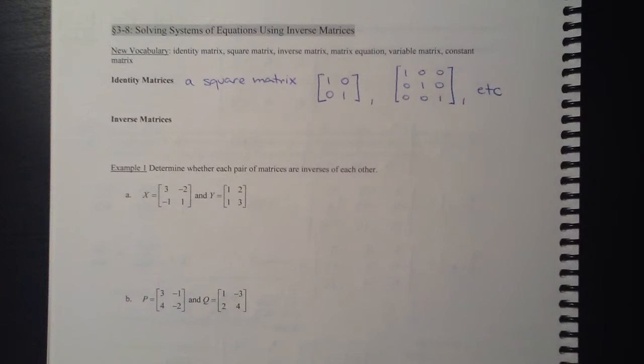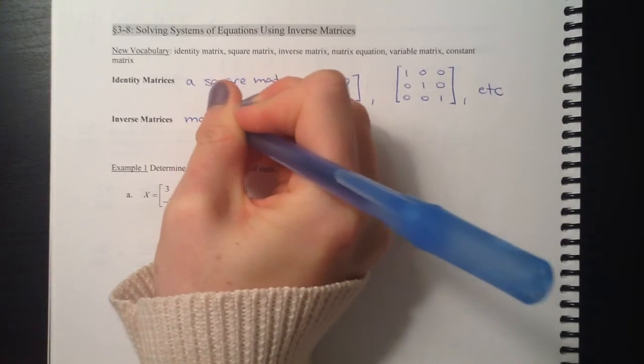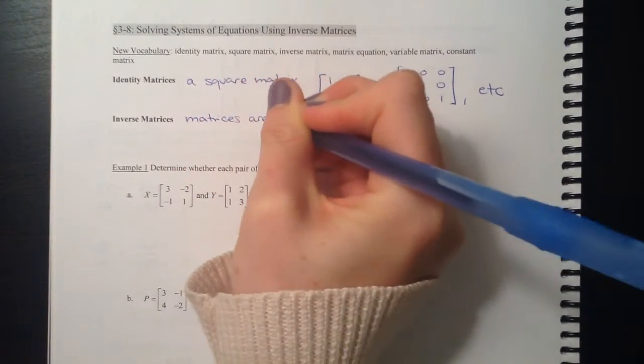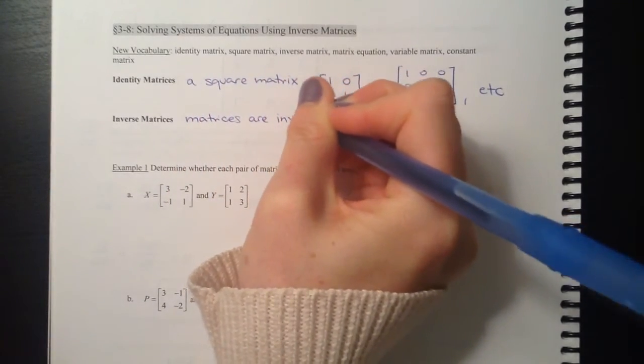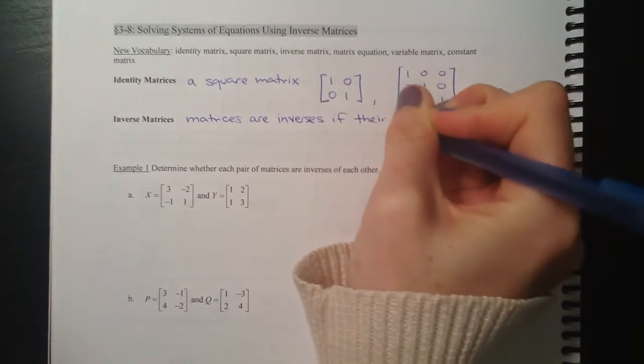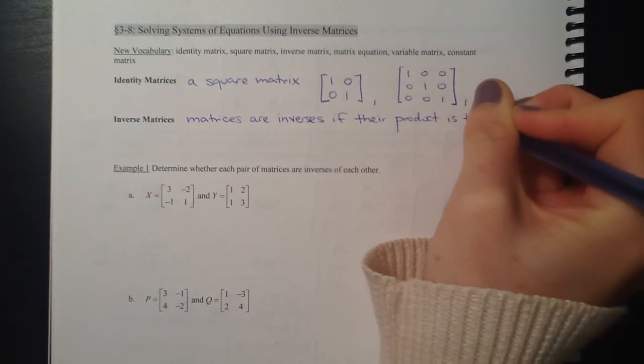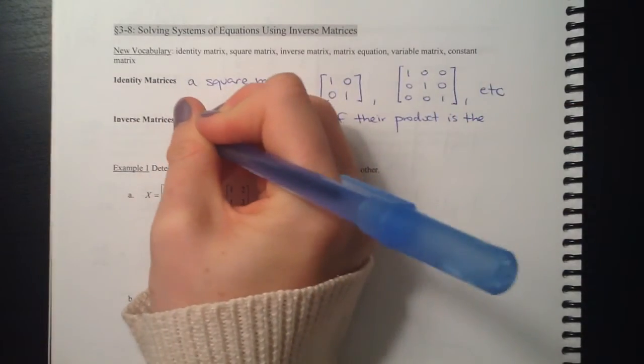An inverse matrix. Two n by n matrices, we say they're inverses of each other if their product is the identity matrix.